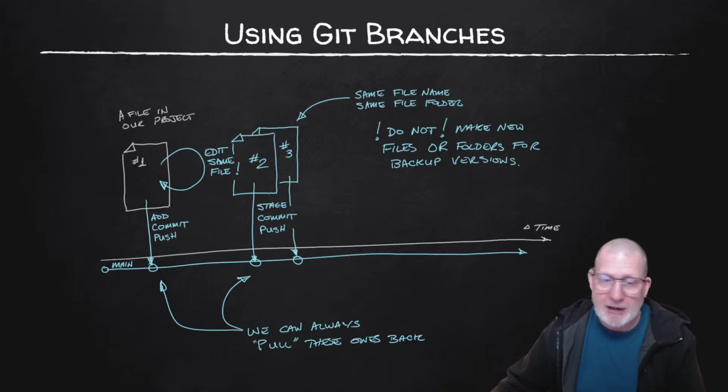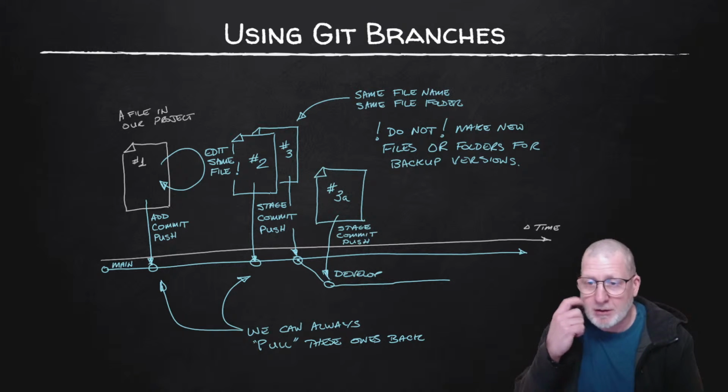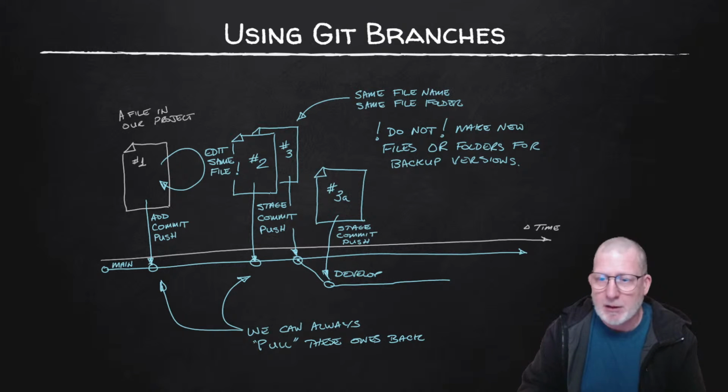Now, at some point, David comes along and starts to work on a version of his own that's slightly different than mine. So over into the develop branch he goes, and he pulls version 3A, and he starts working on it and making changes. His changes are sitting in that development branch. Number 3 is still sitting back in the main branch.